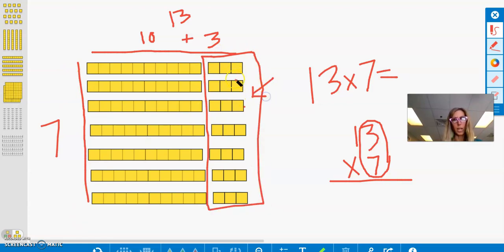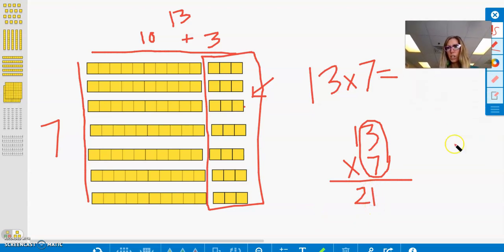So 7 times 3, and that would give us 21. So I could write 21 down here like this, or you could also choose to regroup that tens number, the 2. So I could write the 1 here and regroup the 2. Either way is going to work, okay, one or the other.